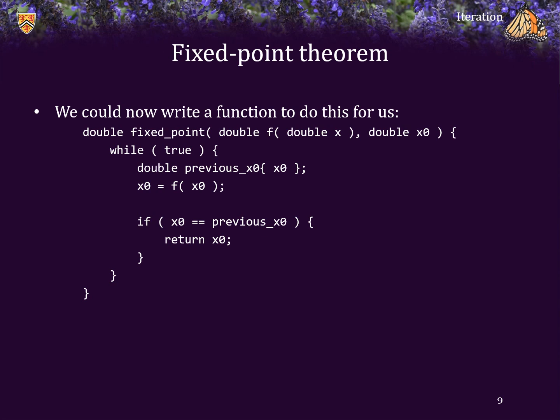We will store the current value of x0 in the local variable previous x0. We will then assign to x0 the iteration of x0. So we'll calculate f at x0 and assign that result to x0. We will then check. If x0 is equal to the previous value of x0, that means it hasn't changed. We will then assume that we have converged and return the value of x0.